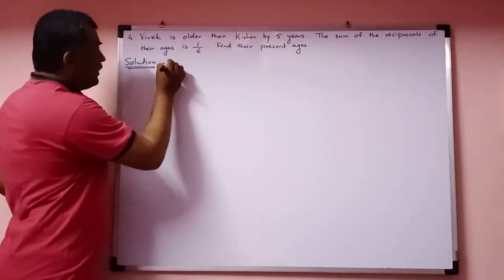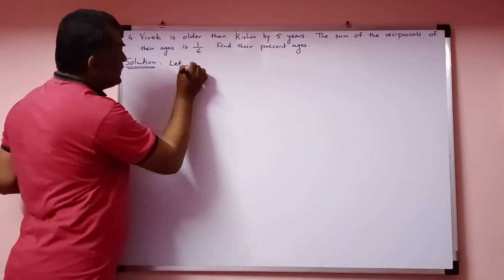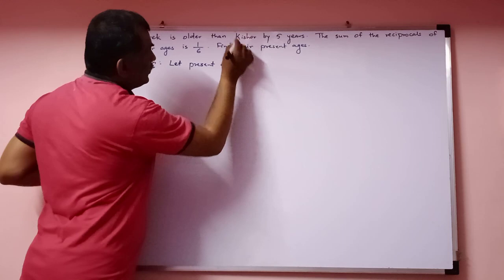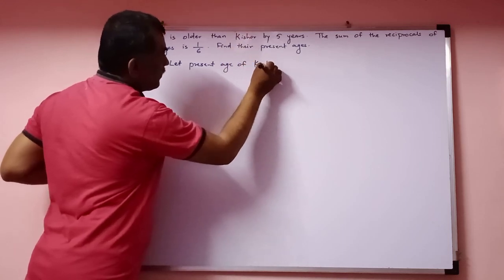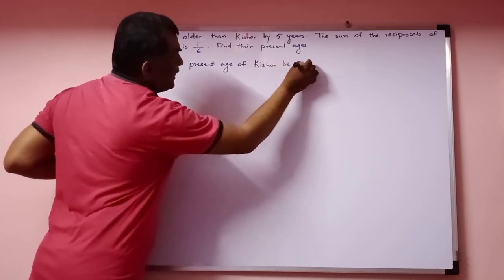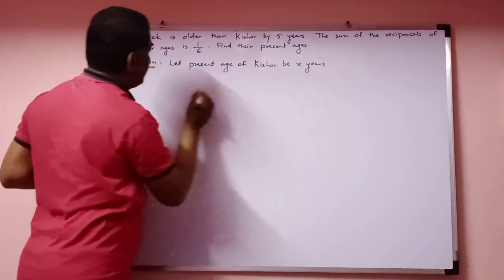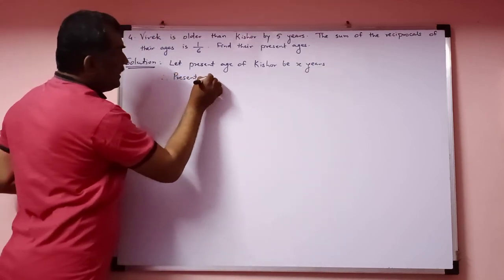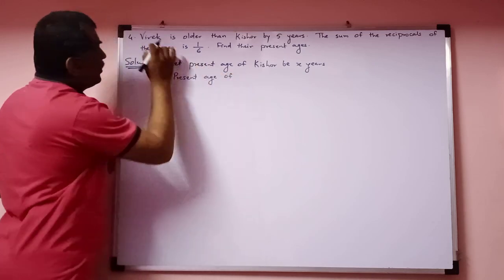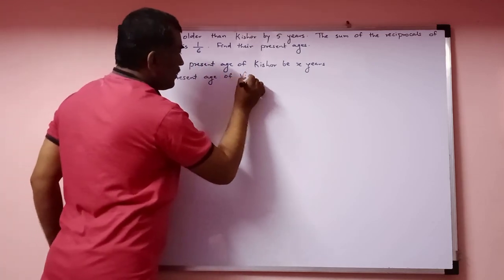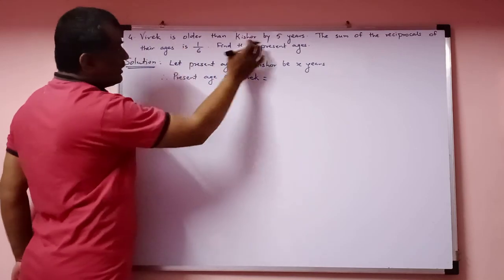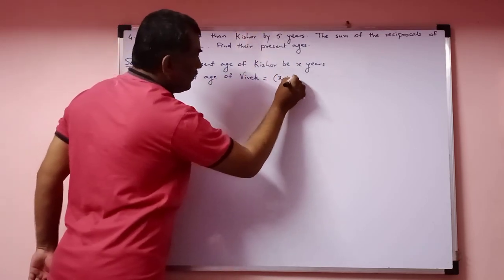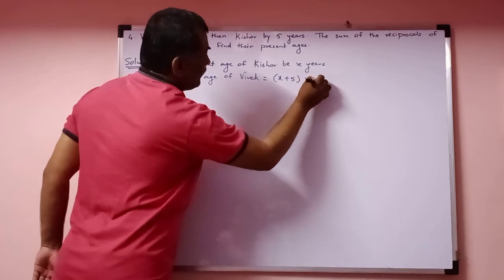Therefore, let present age of Kishore be x years. Therefore, present age of Vivek is equal to, Vivek is older than Kishore by 5 years, means x plus 5 years.